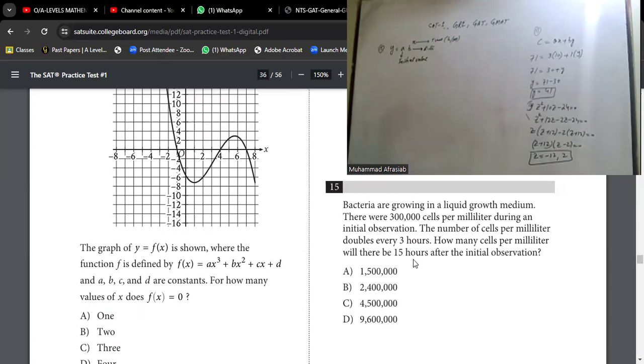They said that initially there were 300,000 bacteria, and the rate is going to be doubled after every 3 hours.